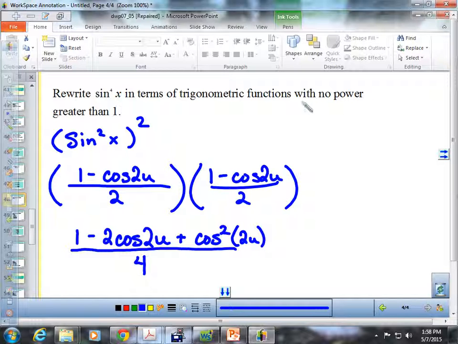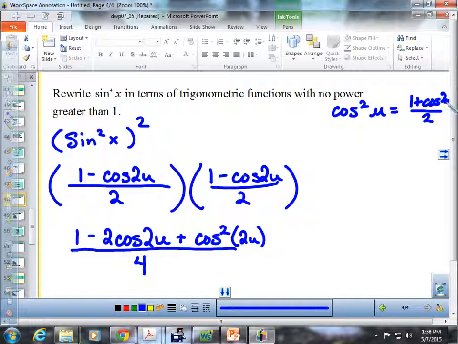Now, it said functions with no power greater than 1. Do I still have a power greater than 1? Yes, I do. But I can use the cosine power reducer, right? What does it say that cosine squared u is equal to? 1 plus cosine 2u over 2. Well, we don't have cosine squared u, we have cosine squared 2u.